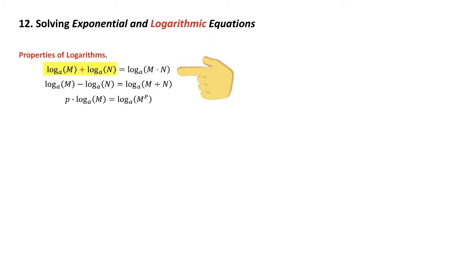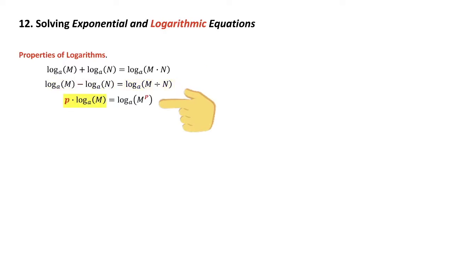We want to add them. If they're adding, we want to combine them into one term, then we can use the definition. So when you add logarithms, you multiply inside. That's just the way it works. Notice on this rule, same base. When you subtract logarithms, you divide inside. Again, that's just the rule.